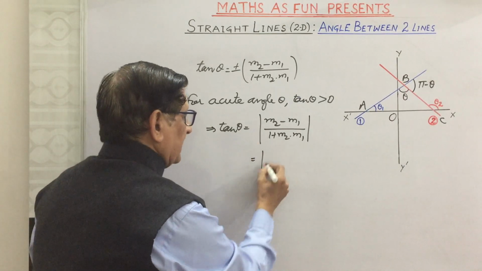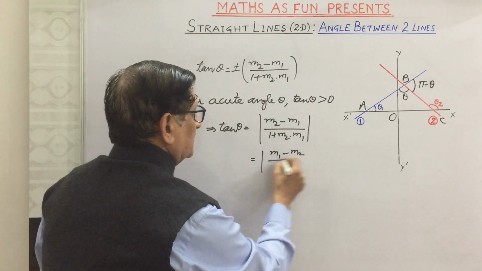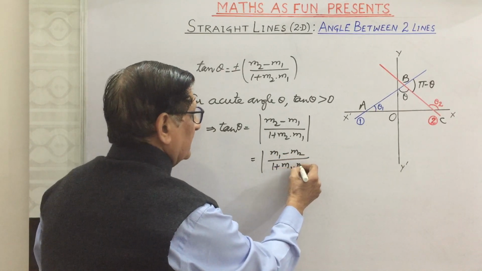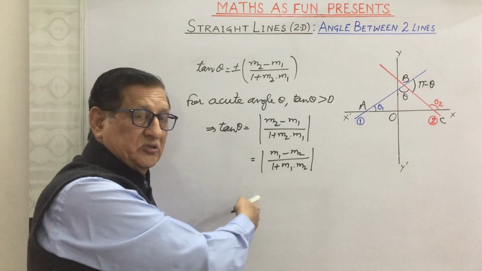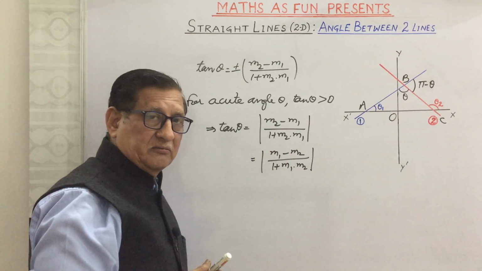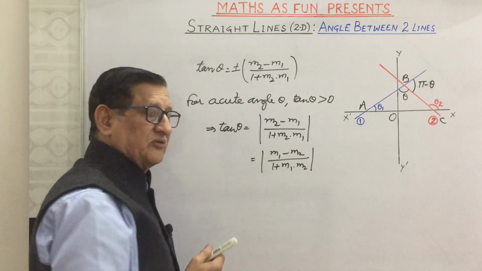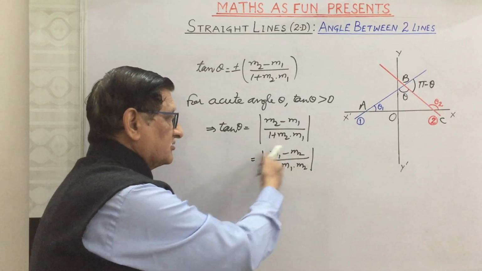Can we also write this as m1 minus m2 upon 1 plus m1 into m2? Because we are using the modulus sign, we will be getting only the positive value. Why are we using this?